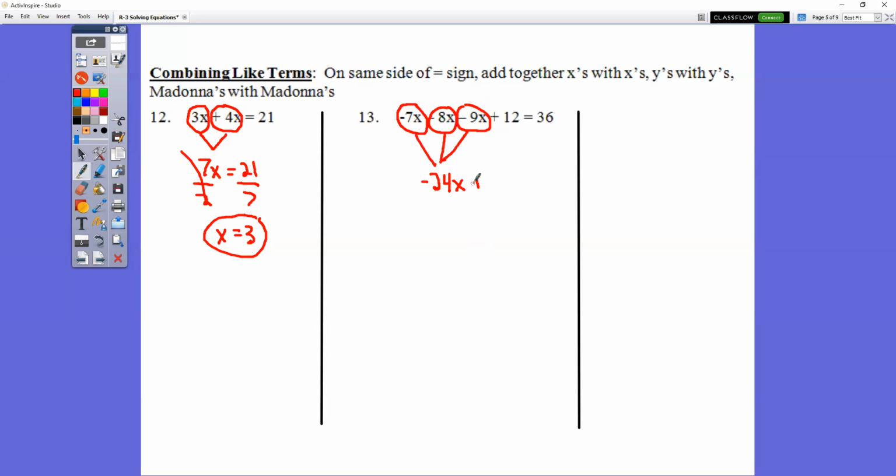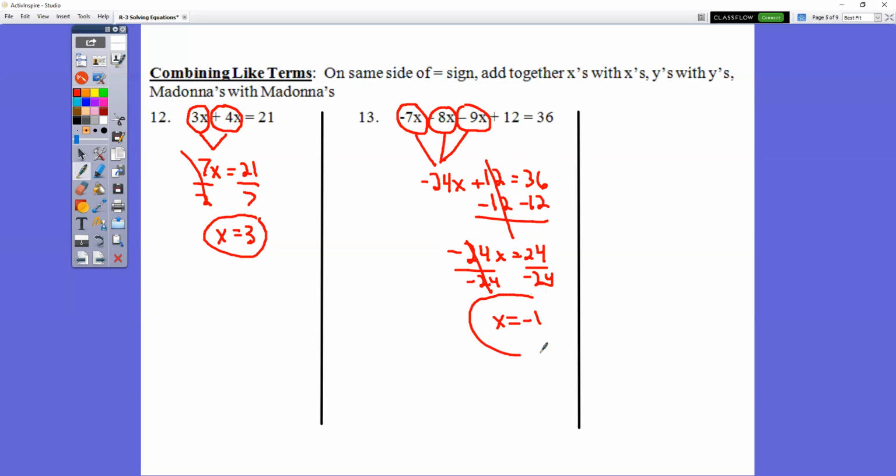So all that we're going to do with that plus 12 is just bring it down. Bring down your equals sign. Bring down your 36. Now you just have another two-step equation. -12 to get that -24x all by itself. 36 minus 12 is 24. Divide by -24, divide by -24. 24 divided by -24 is -1.